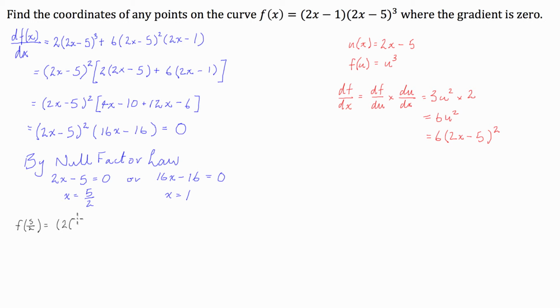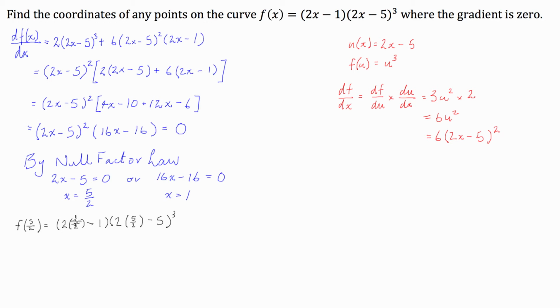now again I'm just writing all of these steps out longhand. If you feel comfortable doing these simple fraction multiplications in your head, you would not have to write this down. So 2 times 5 over 2, because I'm substituting 5 over 2 in for the x value, minus 1, and then we're multiplying that by 2 times 5 over 2 minus 5, all cubed.